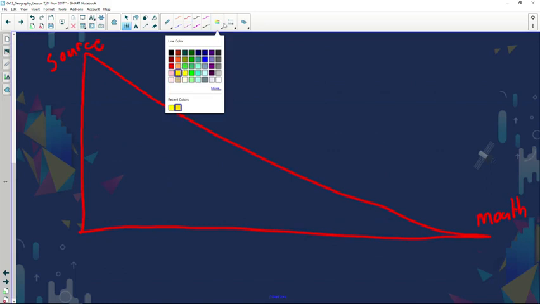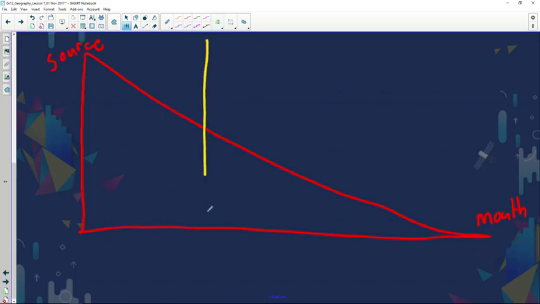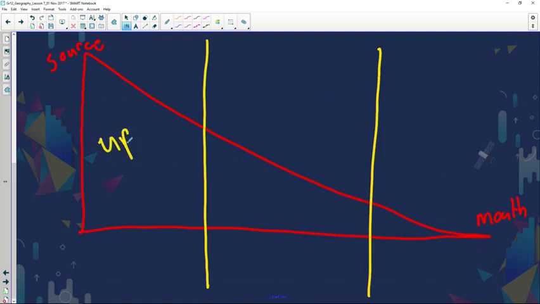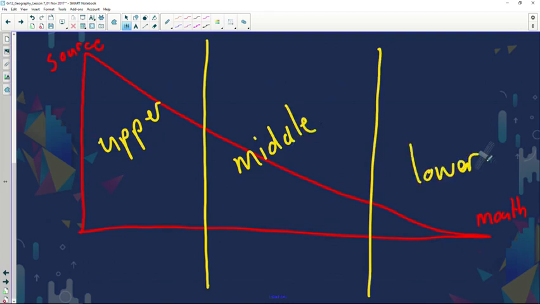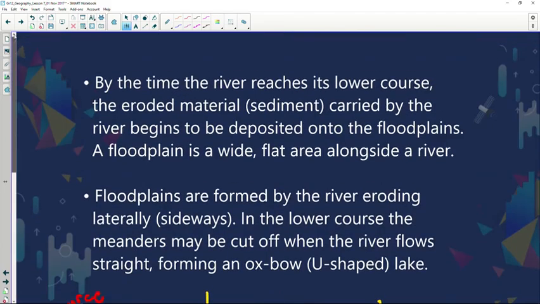Now, we can divide a river into three stages: upper, middle and the lower stage or course. Let's quickly look at the characteristics of each of these stages.